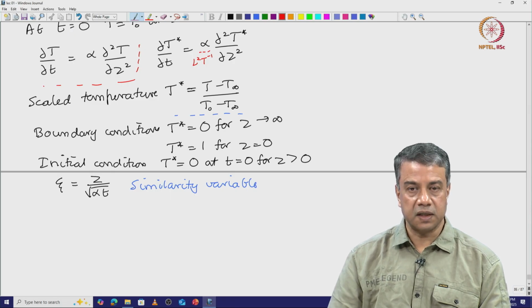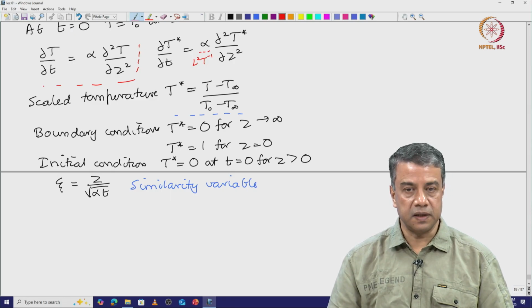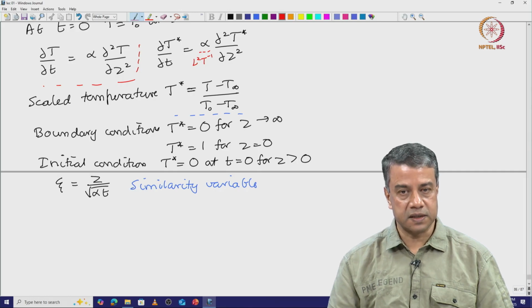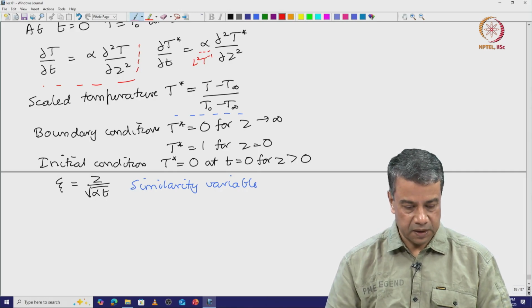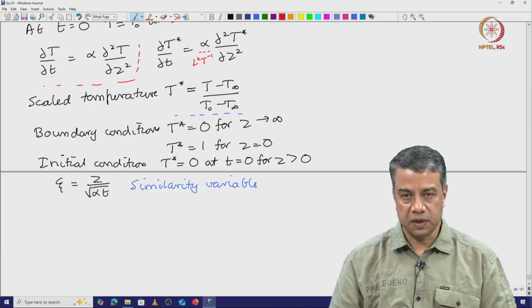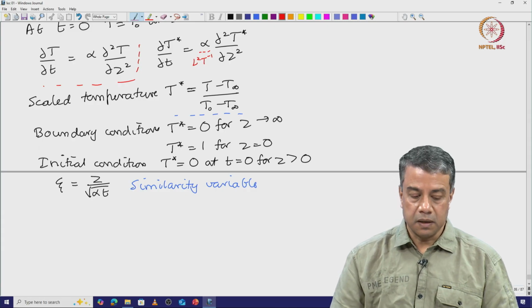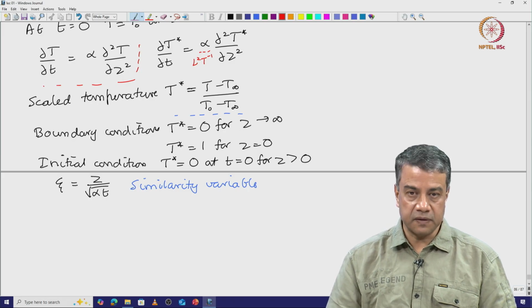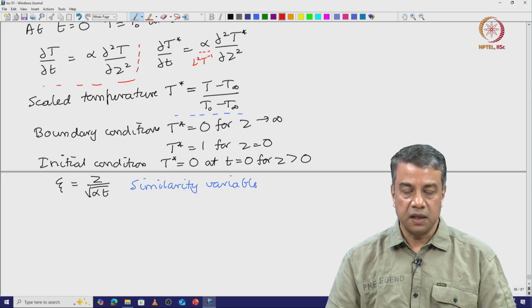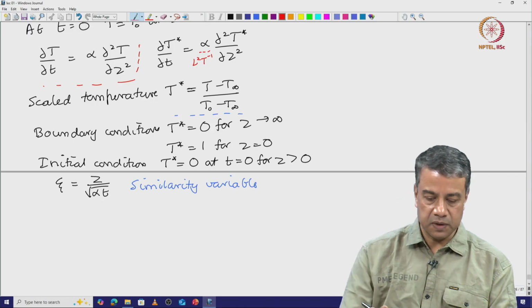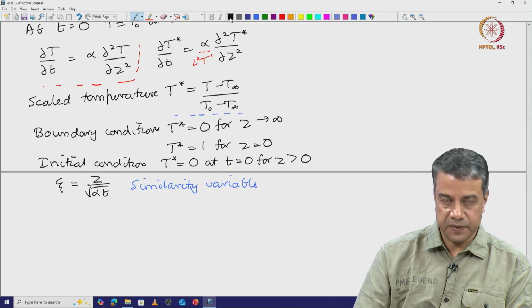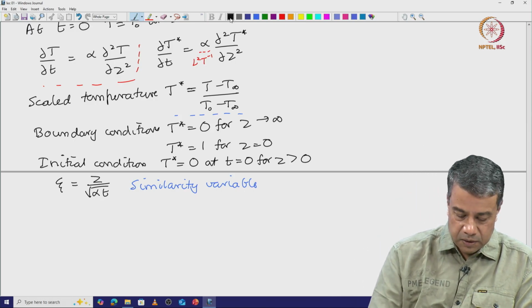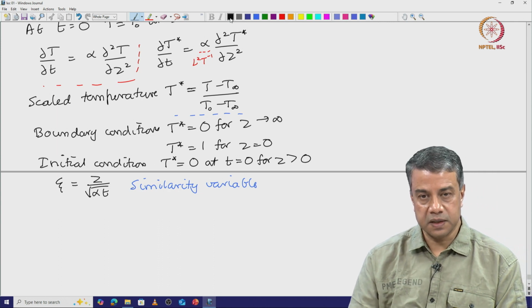If I can do that, the entire temperature field can be expressed in terms of only that similarity variable. So, let us see how to convert the original temperature equation, which depends on independent variables T and Z, into an equation that depends only upon this similarity variable psi. You do that by differentiation by chain rule.